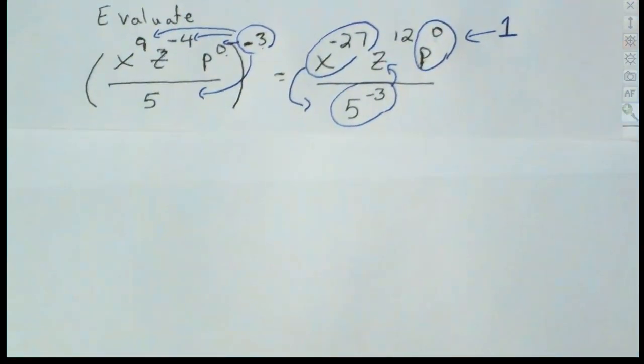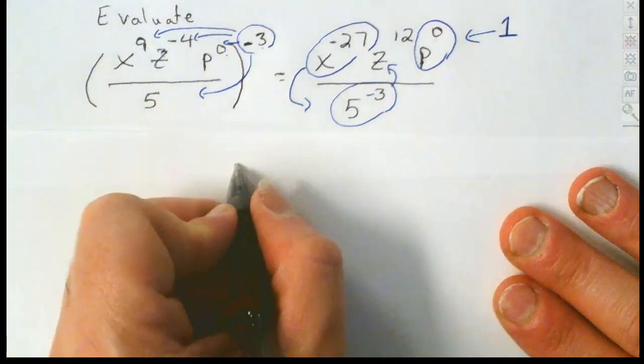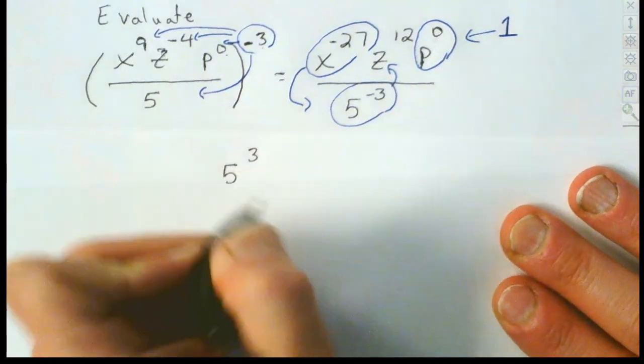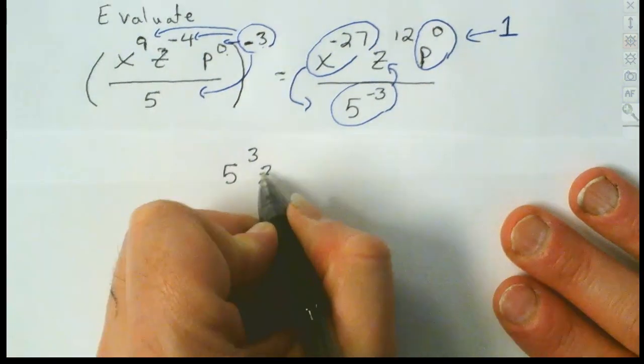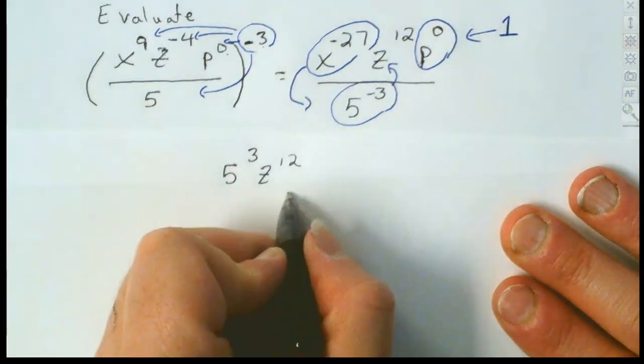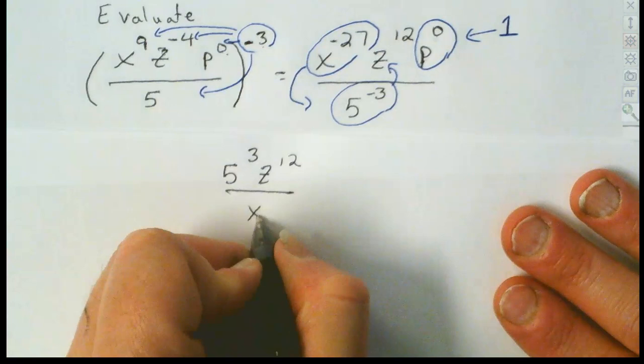So now let's rewrite it. Then we'll clean it up if we need to. So that 5 to the negative third, that comes up to the top. That's 5 to the third power. The z to the 12th stays on top because it was positive. And the x to the negative 27th power goes down below.